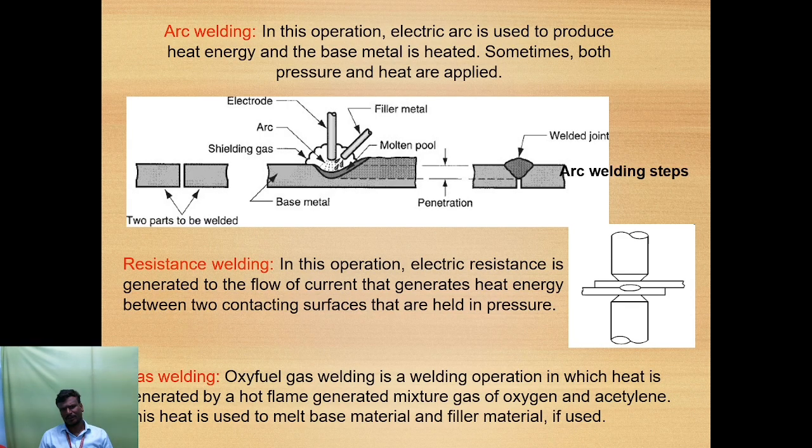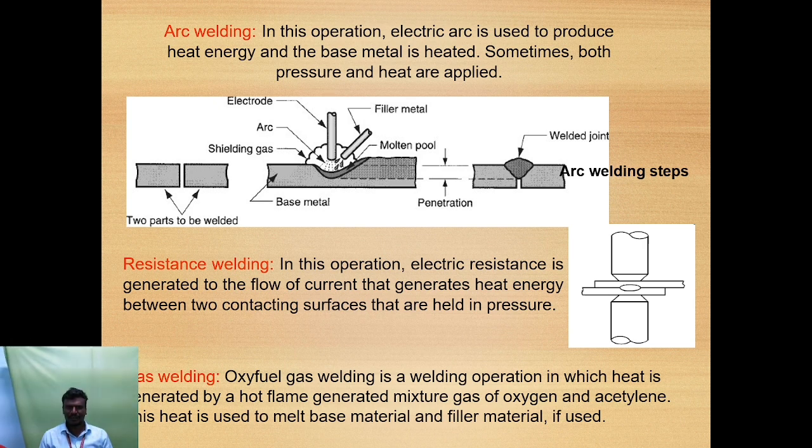In arc welding, an electric arc is produced between the electrode and the workpiece. In resistance welding, electric resistance to the flow of current generates heat energy between two contacting surfaces that are held together with the application of pressure.